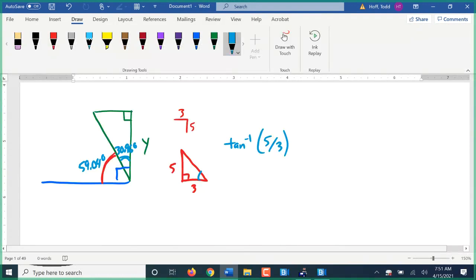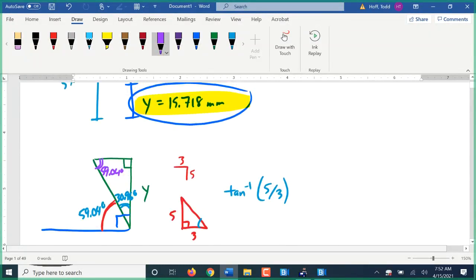At that point, however, we could have found, of course, this angle as 59.04. So we have all three angles of that triangle, and that's it. We don't have any other information going with it.